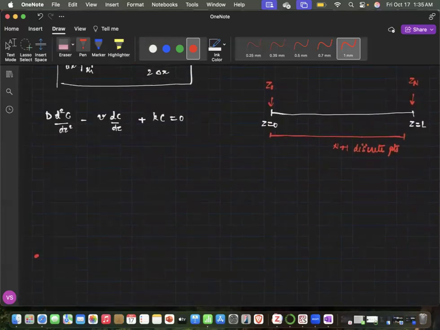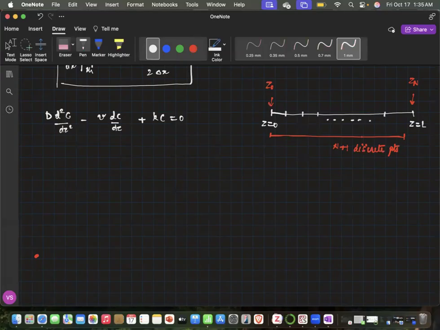And further, when you have these discrete points, you will definitely have these points here. So this is z1, z2, z3, and so on. So these n plus 1 discrete points are going to divide your entire interval into n intervals, right? So these are going to be n intervals.